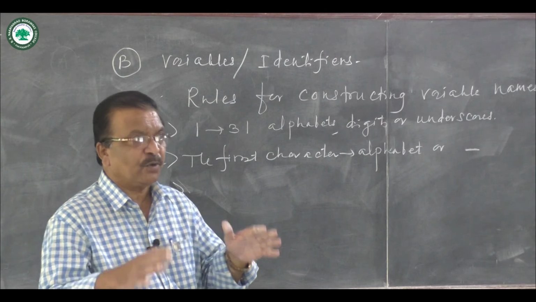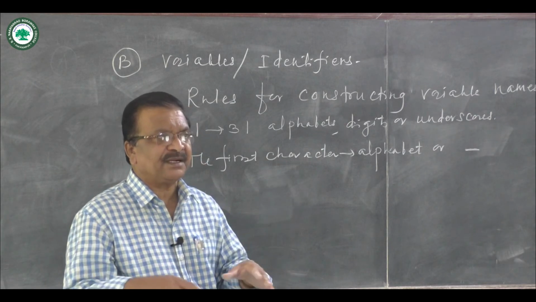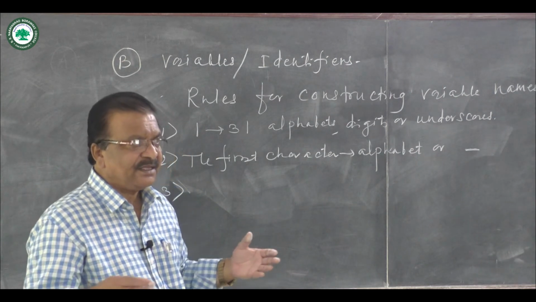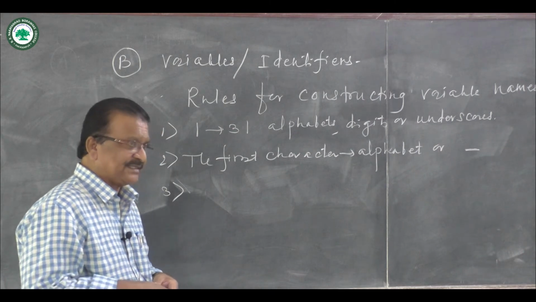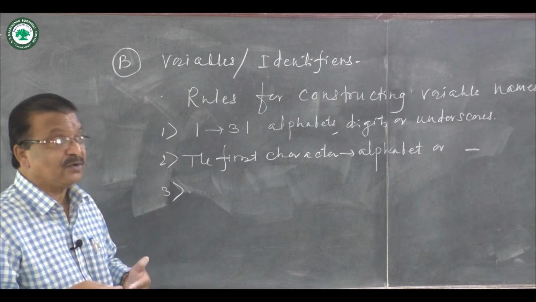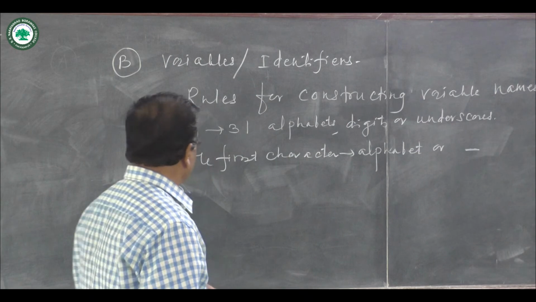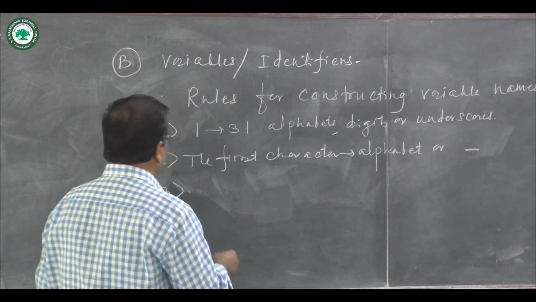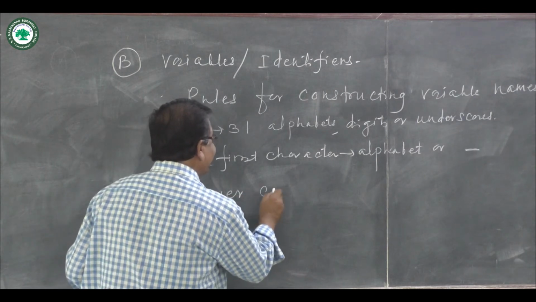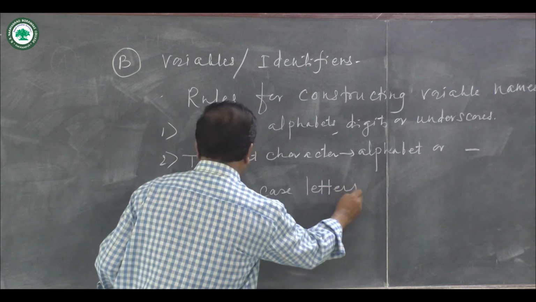In a C program, almost 99% of the stuff is written in lowercase, because uppercase letters are reserved for symbolic constants. So this is the third rule. You have to use lowercase letters to construct variable names.